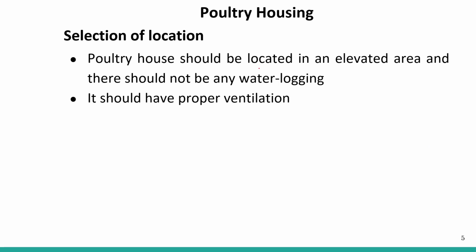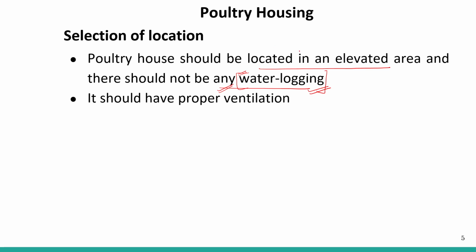The poultry house should be located in an elevated area and there should not be any water logging. Very, very important. So we should not make poultry houses in water-logged conditions or in places where there is a chance of water logging in the rainy season.